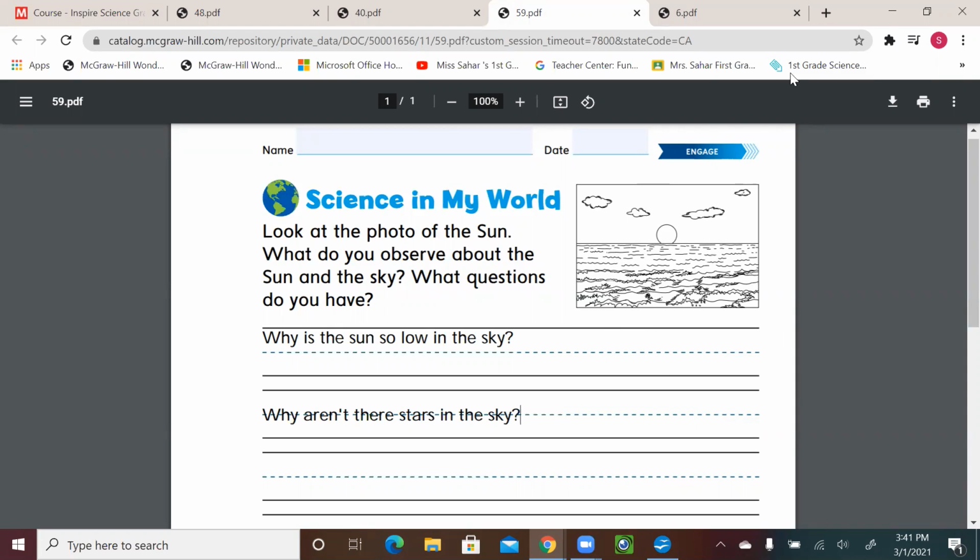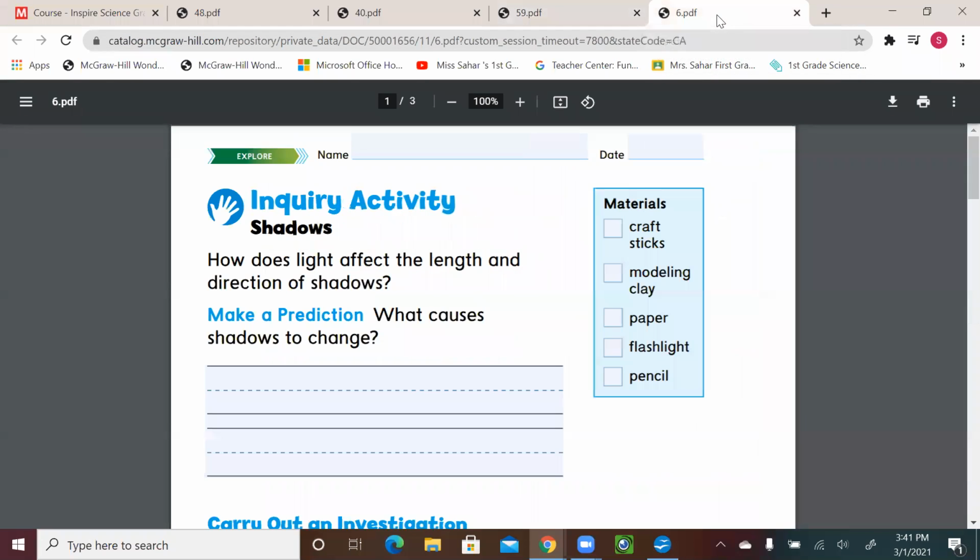Okay, let's go to the next page. How does light affect the length and direction of shadows? Make a prediction. What causes shadows to change? What do you think makes the shadows change? A prediction means you're guessing. So what do you think causes the shadows, or their length, to change?